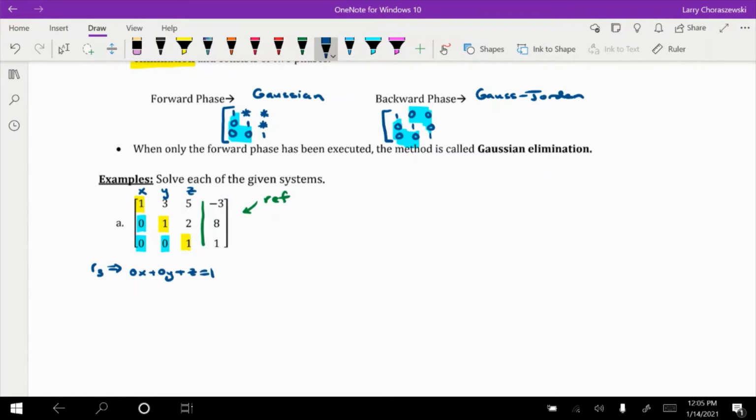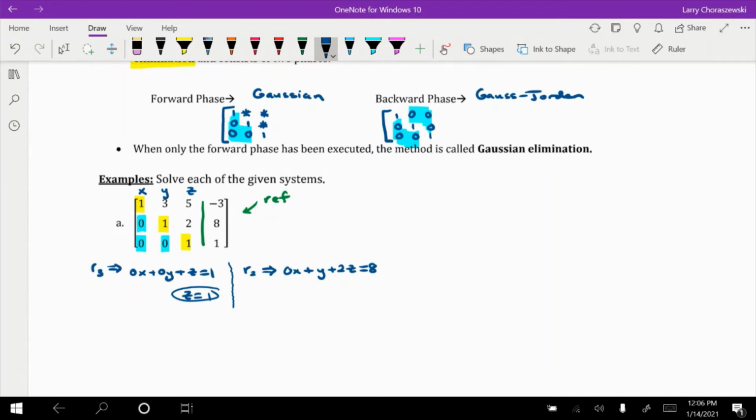What does that mean about the value of z? z is equal to 1. And we have a value for one of our unknowns. Now I'm going to work my way up the matrix. I'm next going to look at row 2. Row 2 tells us that 0x plus y plus 2z is equal to 8.